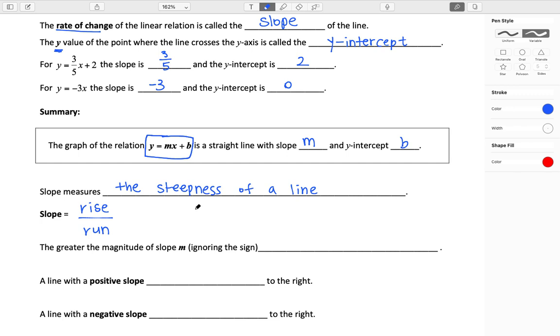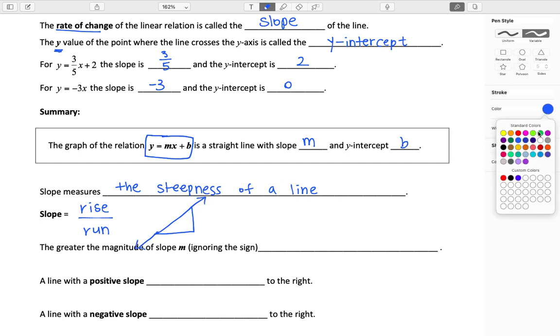Rise over run is always used by making a right angle triangle by picking 2 points on the line. So let's say we are given a line over here. You have to pick 2 points on the line, let's say point 1 and point 2.